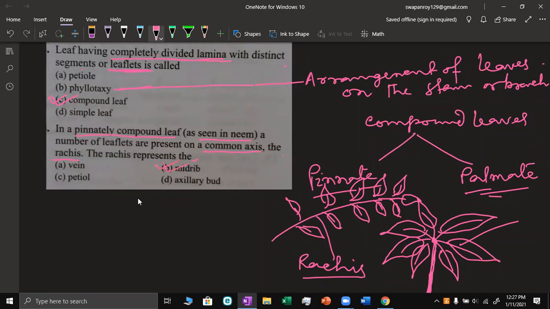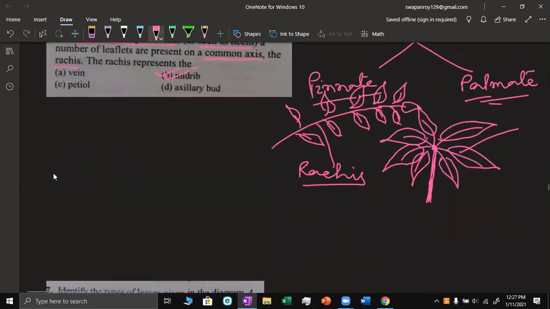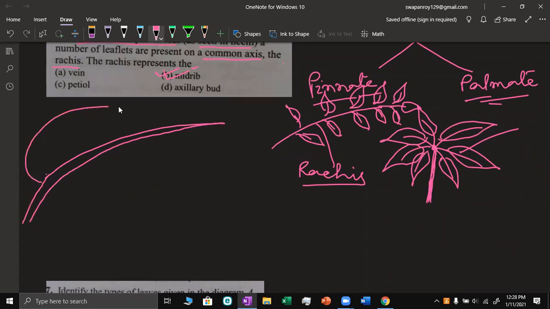Midrib of simple leaf means, if this is the petiole, then this is the midrib, and from the midrib there are branches of veins and veinlets.